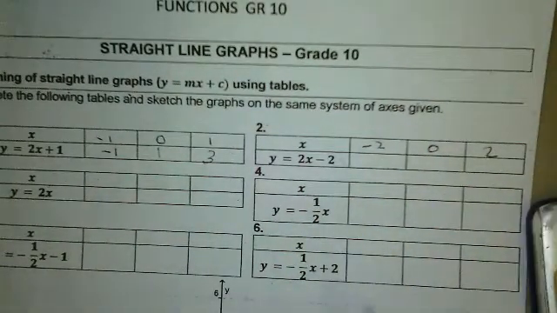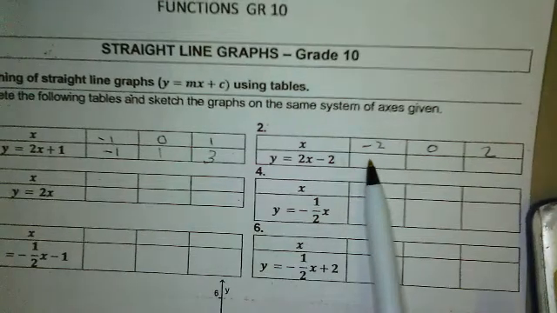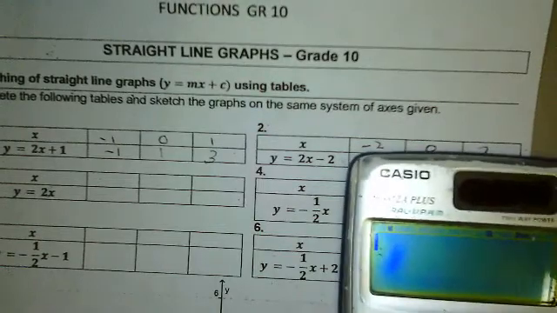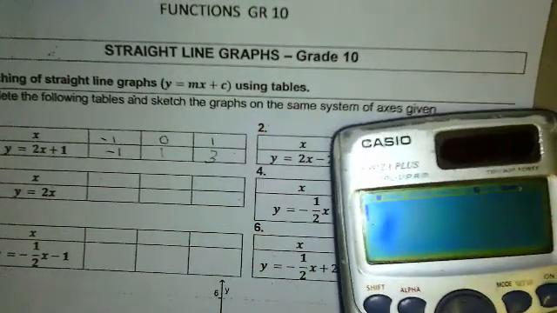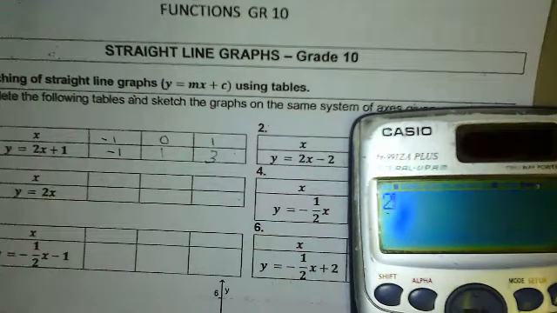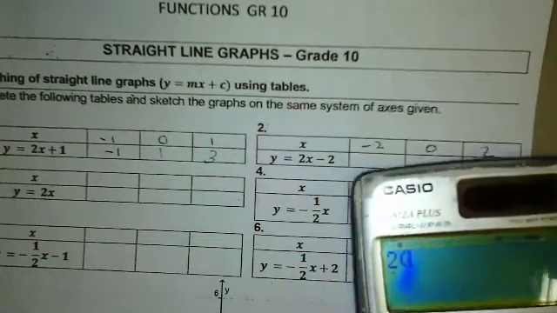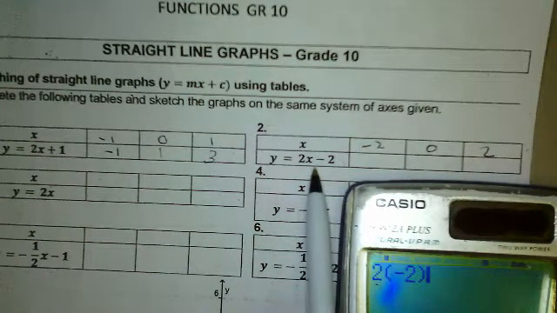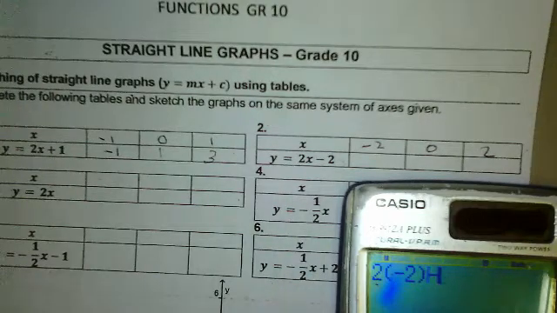Preferably you choose negative values, 0, and positive values. If you want to do it this way, your equation is 2, and instead of the x, you put your brackets. Then you substitute your first value, which is -2. You close the bracket and carry on.